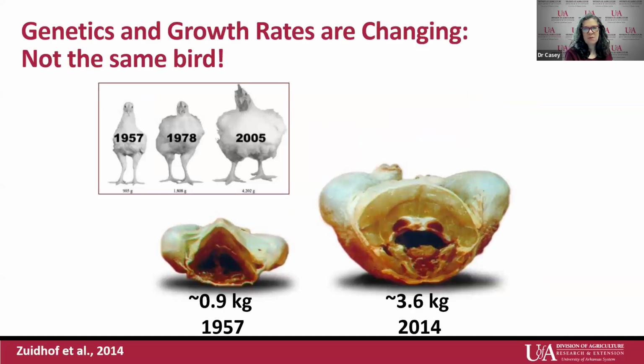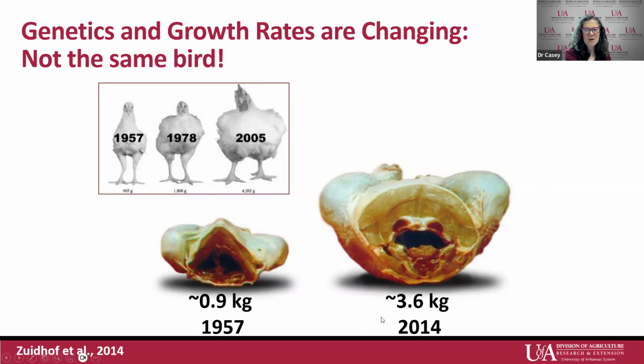Genetics and growth rates have changed significantly over the years as well. This picture has been around social media in recent years, and also in a publication by Sweetoff in 2014. What we note is that from the 1957 birds, and this is representing 2014, but you can easily say it's similar today, that bird really has quadrupled in size at a given age period: 0.9 kilograms to 3.6 kilograms.